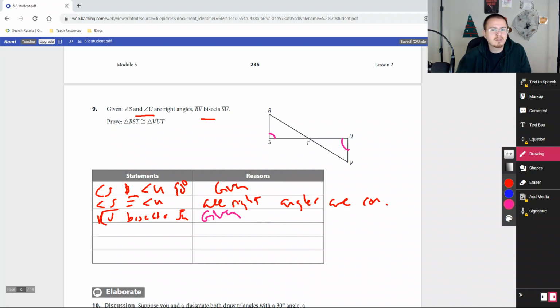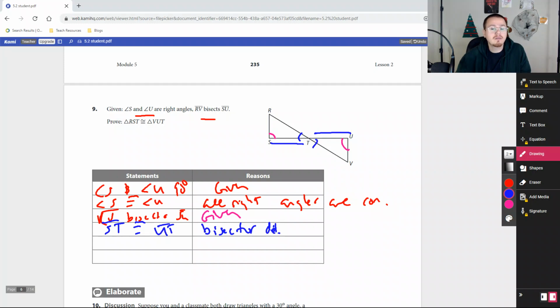ST is equivalent to TU. Do you remember what that one is? Bisector. So that's via the definition of a bisector. Bisector definition. Cuts it. And then we have angle RTS and angle VTU.